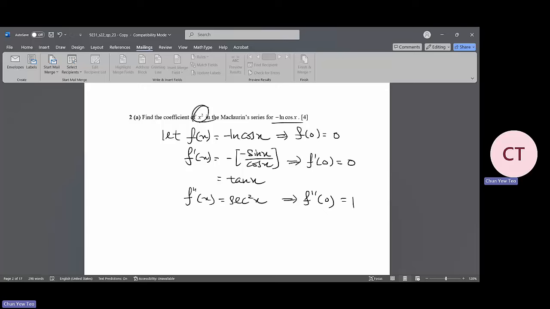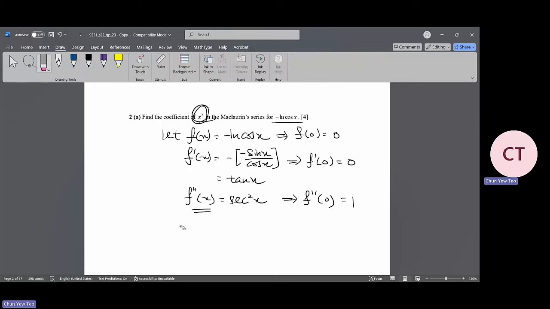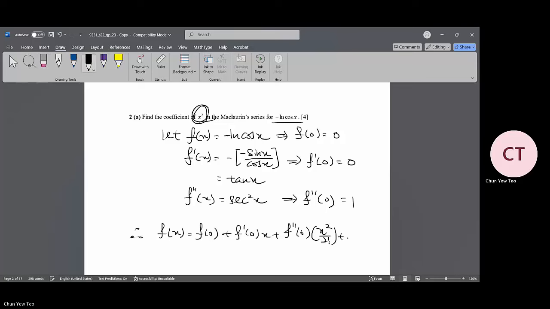Since we only want until x squared, we just need to differentiate until the second order derivative. Therefore, f(x) equals f(0) plus f'(0)x plus f''(0)x squared over 2 factorial plus dot dot dot. So just replace it inside.